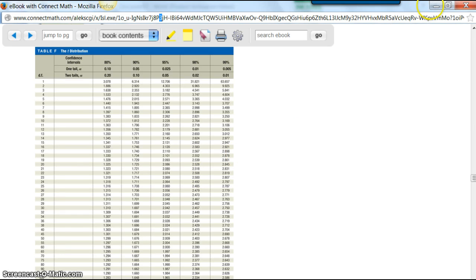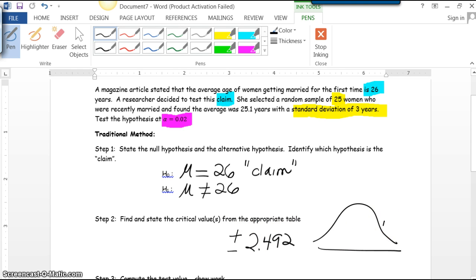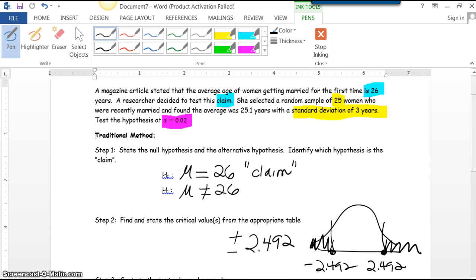This is a two-tailed test, so the critical values are actually plus or minus 2.492. There's two critical values. One's over here on the right, one's on the left. There'll be two critical regions. Each tail will be a critical region. So again, we got those from the t-table.